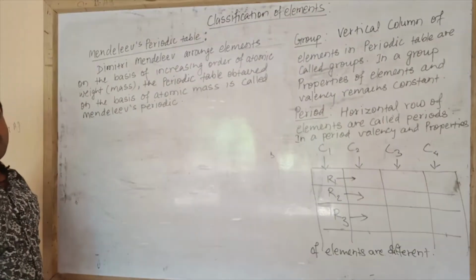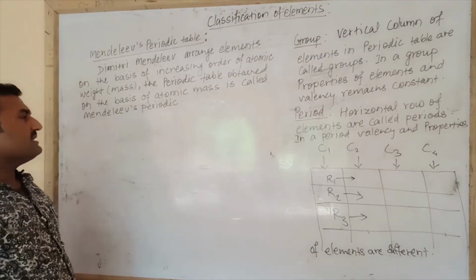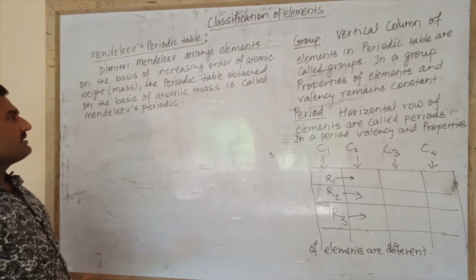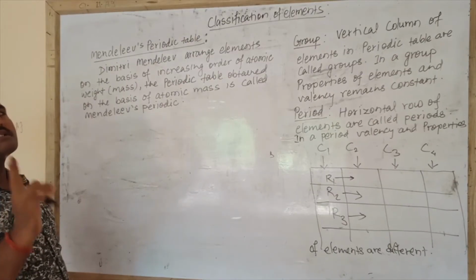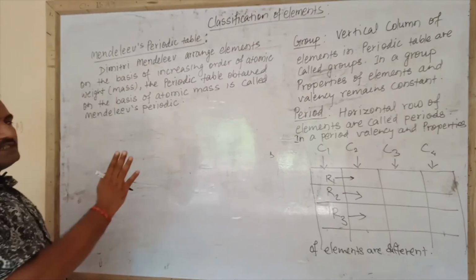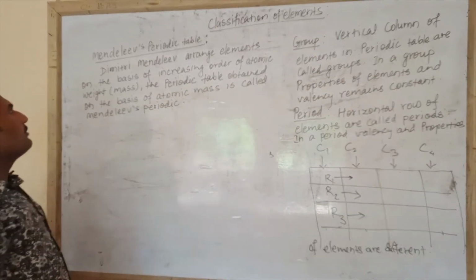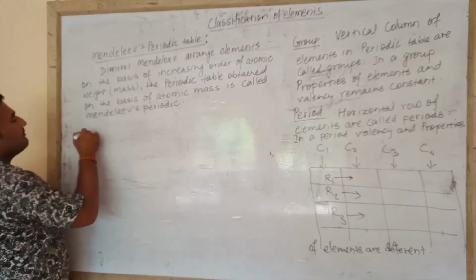He studied the atomic weight and properties of elements. He found that there is a relationship between atomic weight and properties of elements, and he gave the law known as Mendeleev's periodic law.